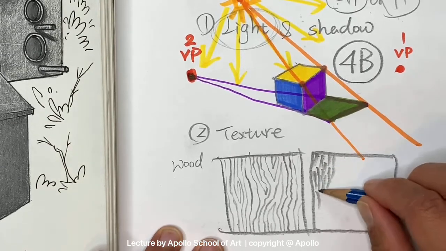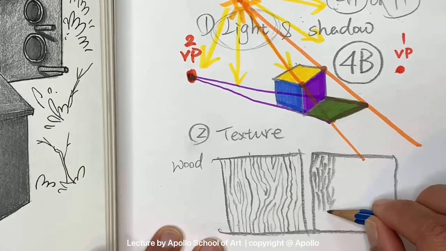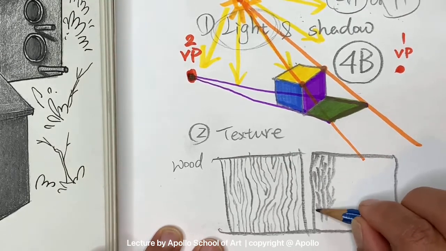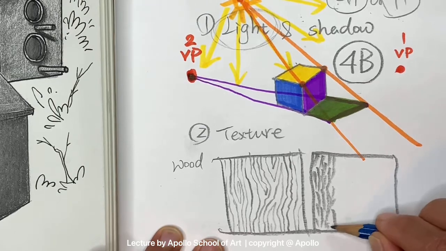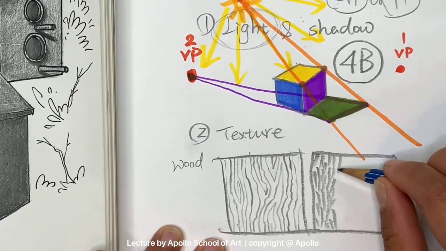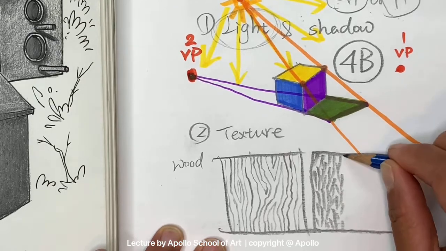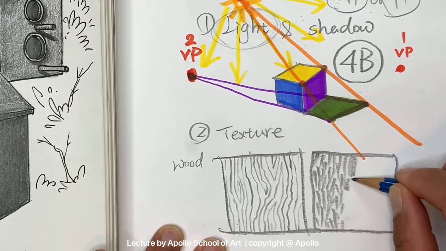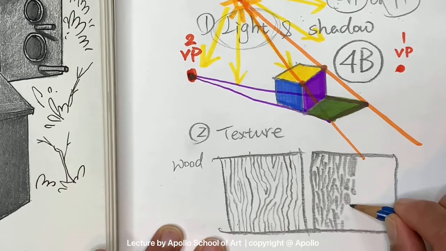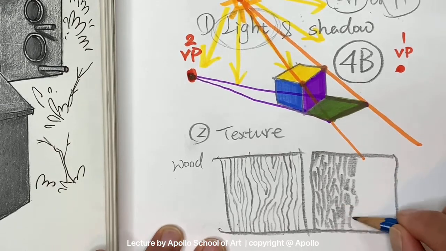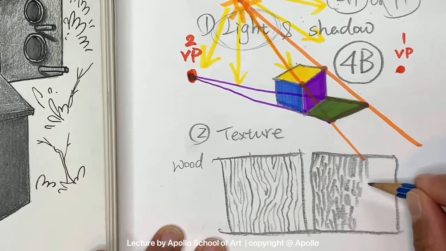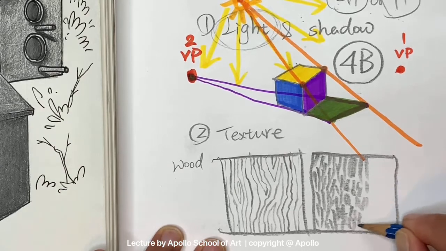See, I'm adding them in the same direction, but different sizes. Sometimes they overlap, but they are not crossing. Some small, some big. Sometimes I color the dark part a little bit bigger. So that's another way to do the texture for the wood.